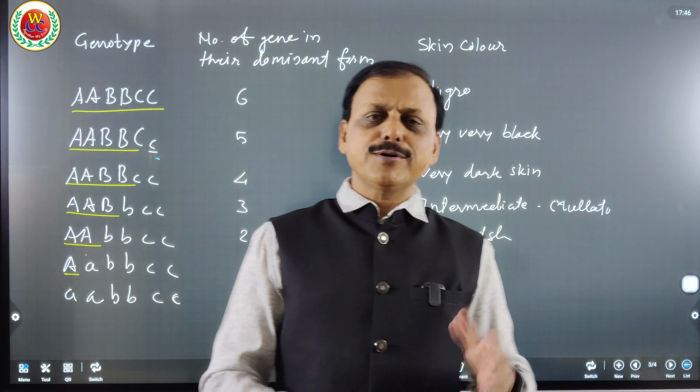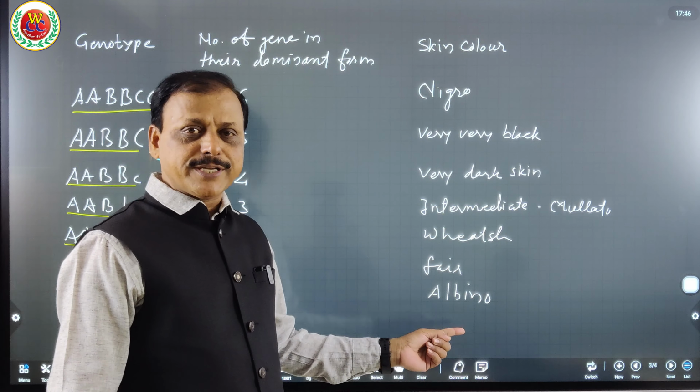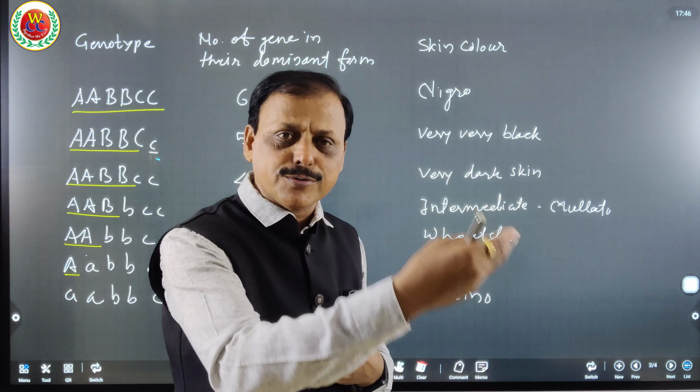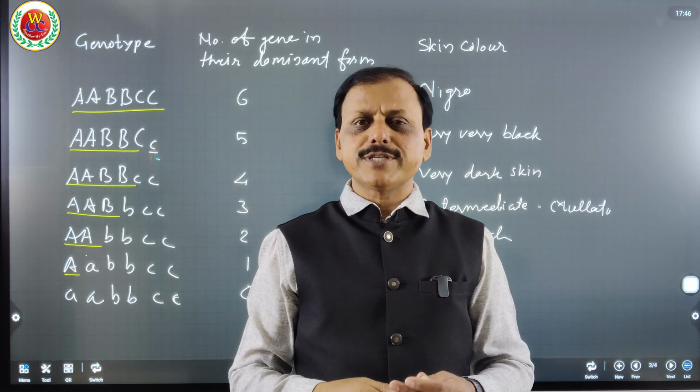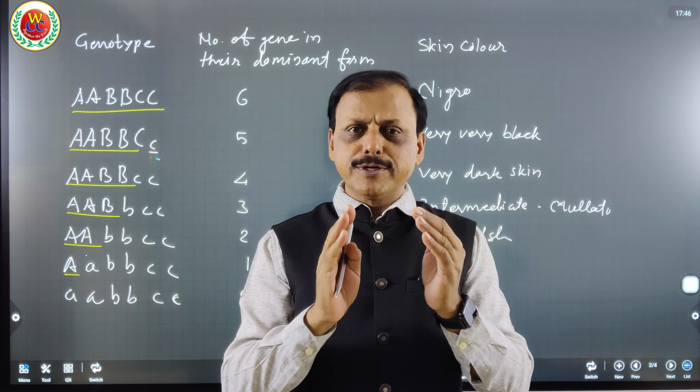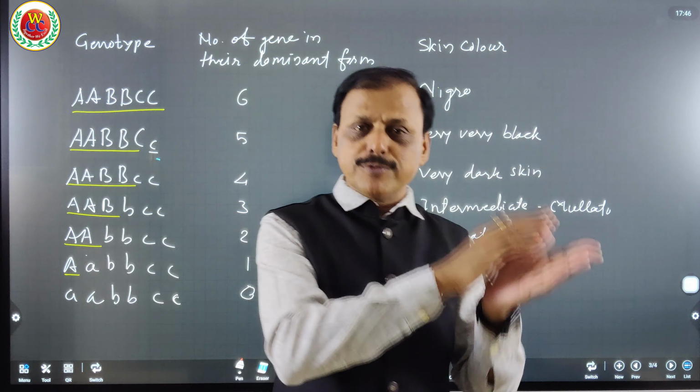It is the number of genes present in dominant form in an individual that will decide whether he is Negro or white, but it does not mean he belongs to Europe or Africa. Rather, the number of genes in dominant form, and exposure to sunlight with different frequency or intensity of light, will decide the skin color.